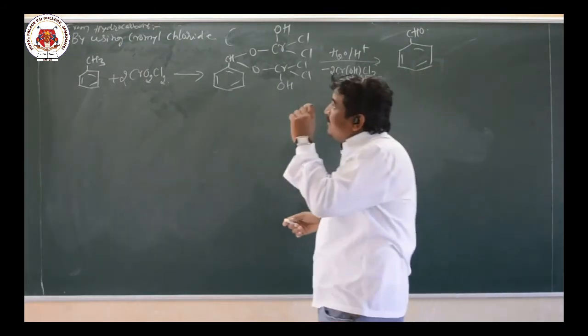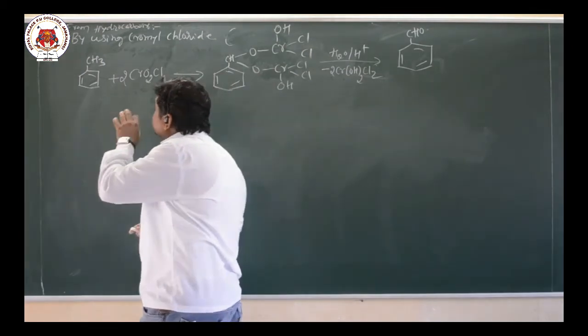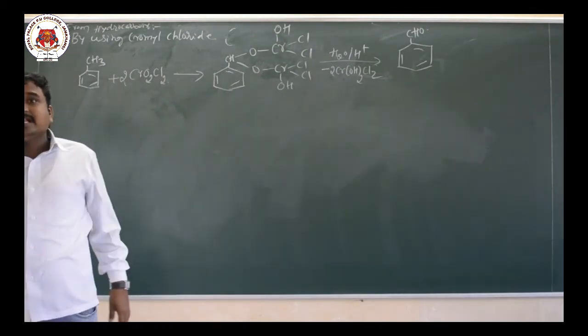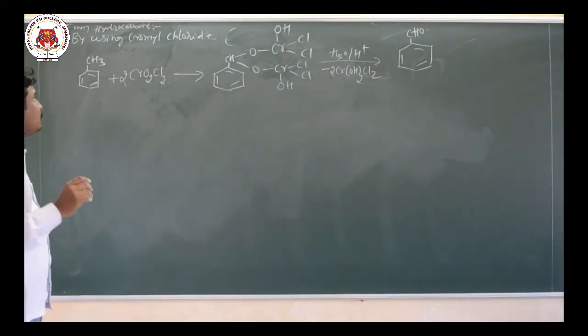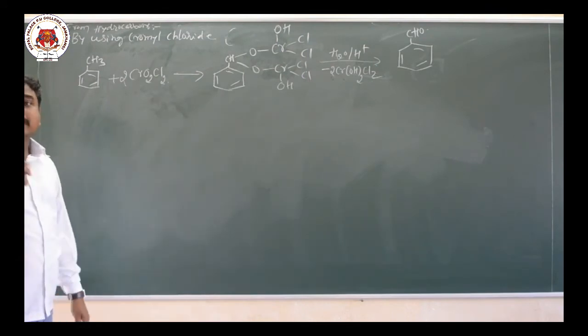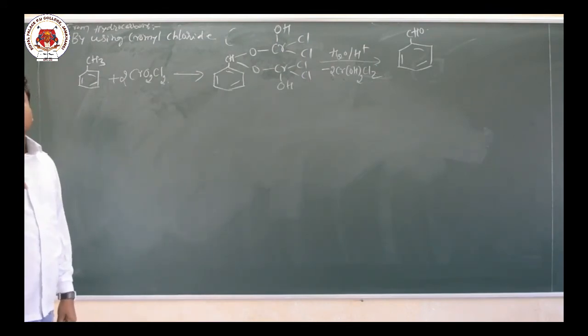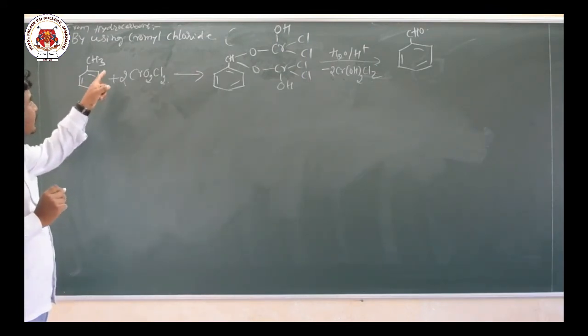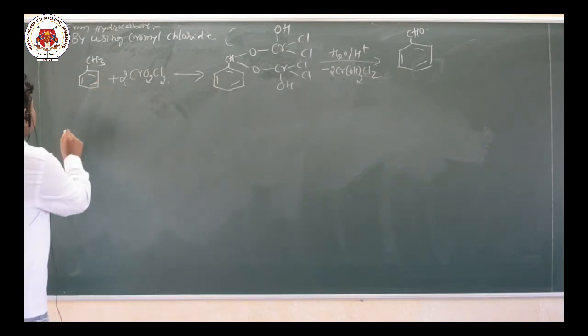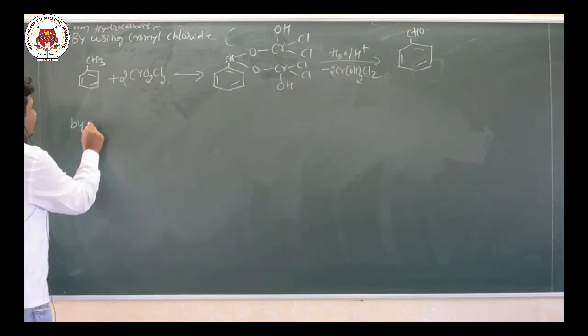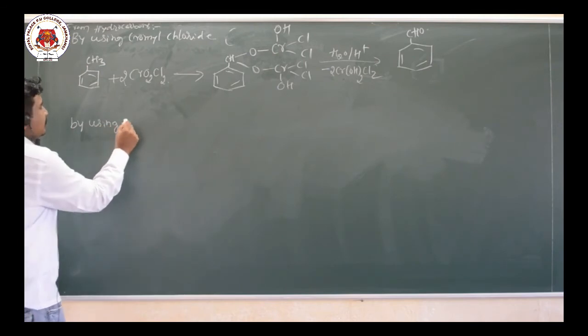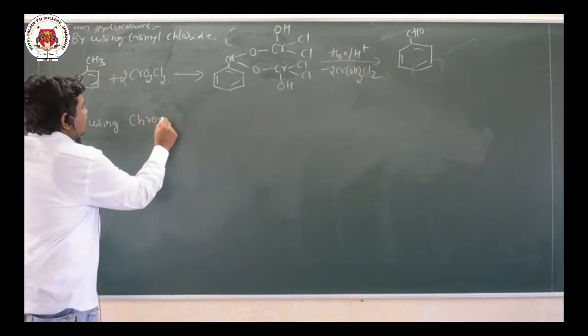So this is a method which is used to prepare benzaldehyde. So next reaction, by using chromic oxide. Here we used chromyl chloride. So next method is by using chromic oxide.